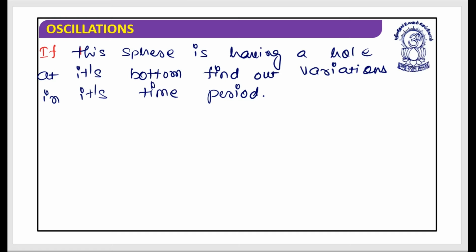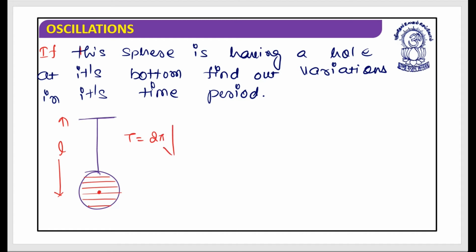This is the bob, and initially it has been filled with water, so let's say this is the center of gravity. This is the length, and its time period at this given instant is T equals 2 pi root of L by g.